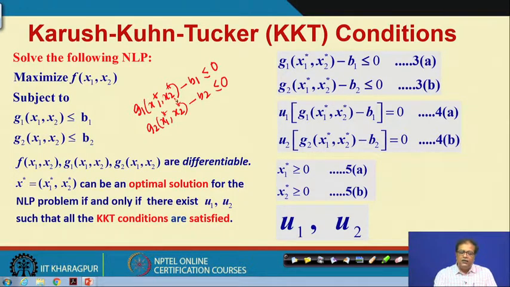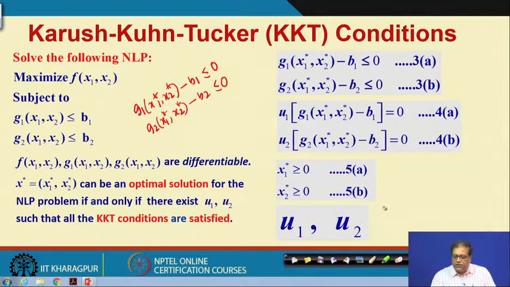So, that is the third condition, and the fourth condition is that either these constraints become equality or the corresponding multiplier becomes 0. Is it all right? That is what they essentially say. These are the fourth conditions. The fifth conditions are that at the optimal point the variables should be greater than or equal to 0.